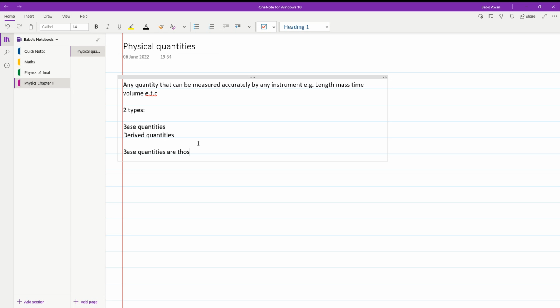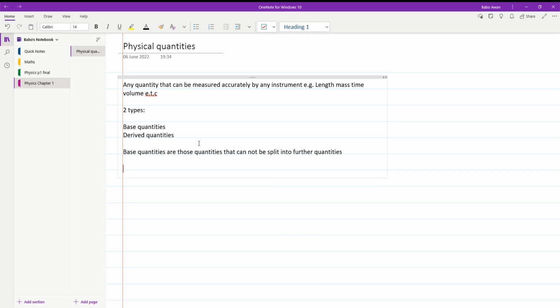This is the basic definition for base quantities.